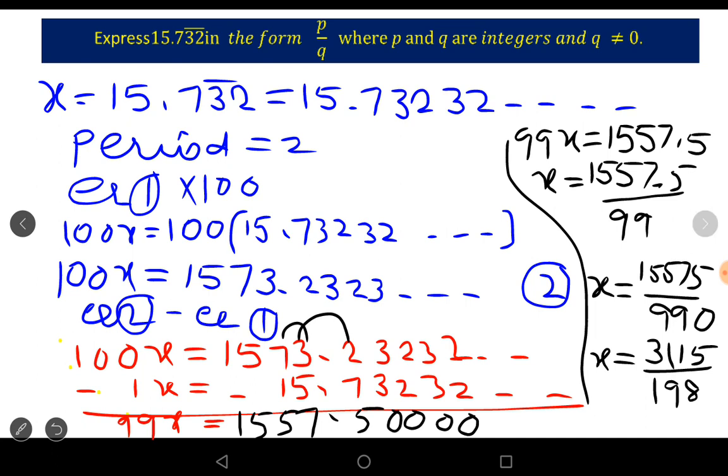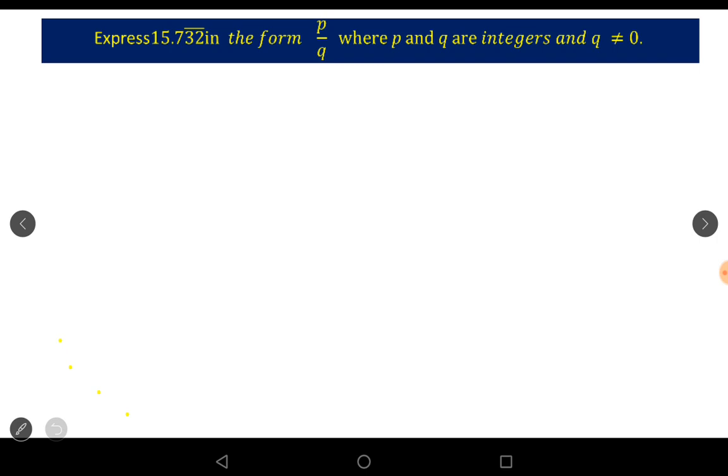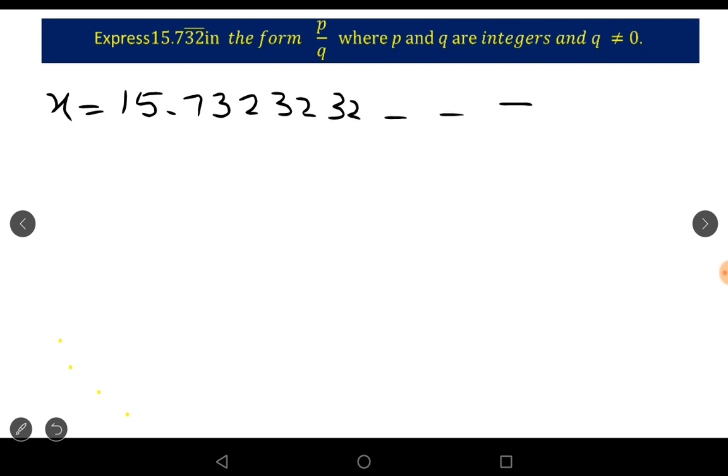Second method, same question. So direct step, x is equal to 15.732, 7, 3, 2, 3, 2, 3, 2, so on. Equation 1. Okay, so write period. Here also write the period.